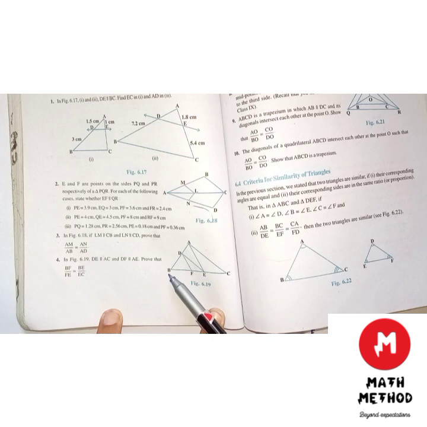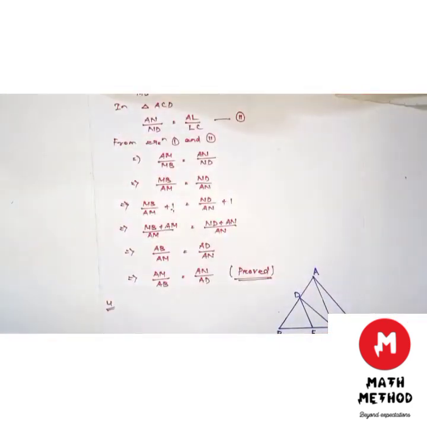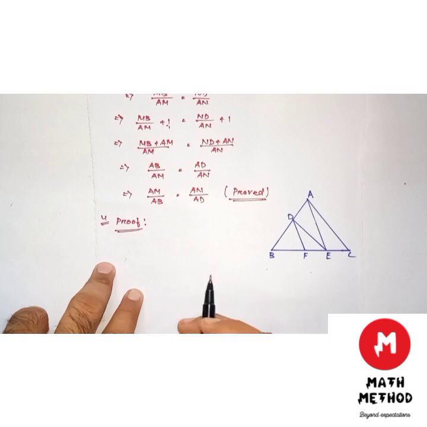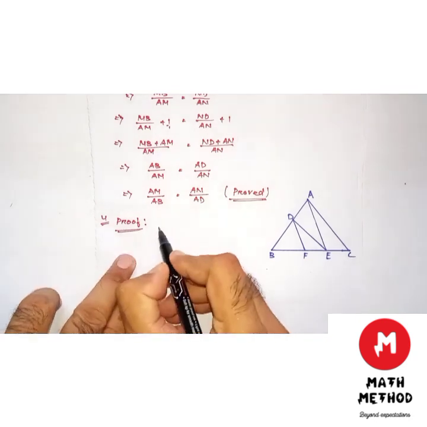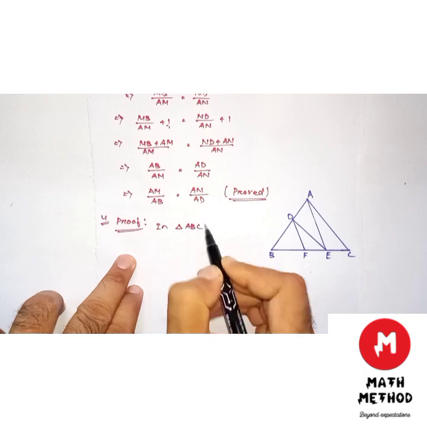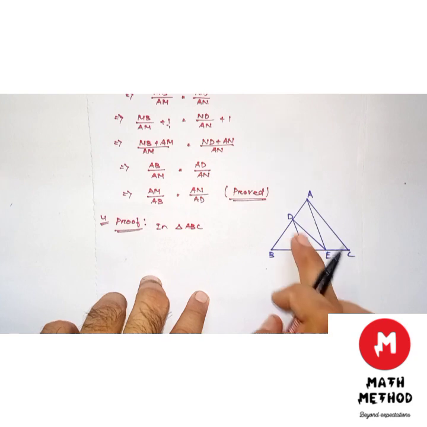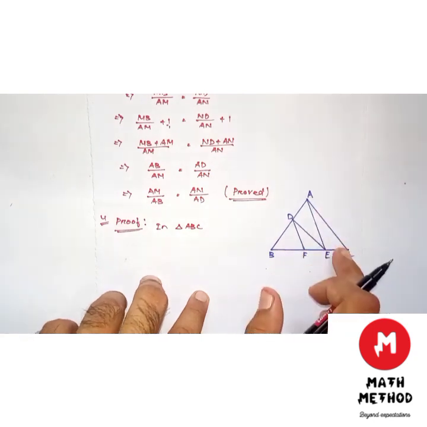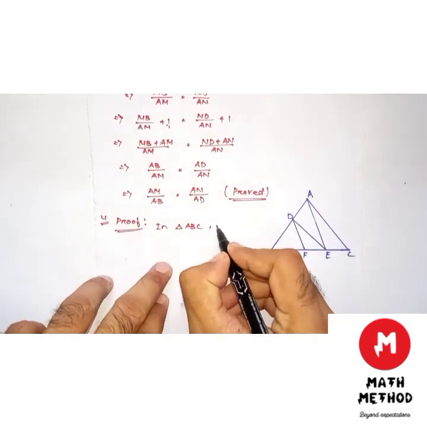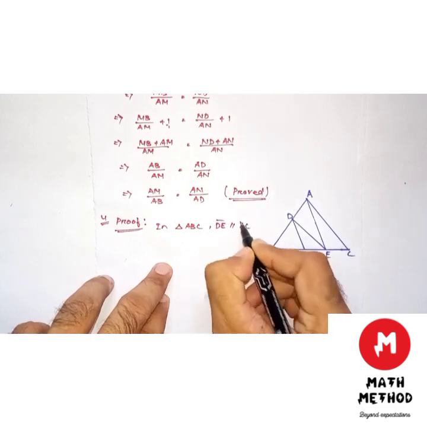We have to prove BF upon FE is equal to BE upon EC. Now question number 4, solution. In triangle ABC, DE is parallel with AC, which is given.